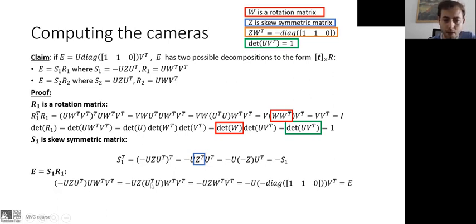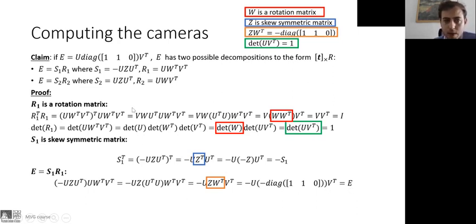Again, we get U transpose U, which is identity here, and then we are left with this expression. Now, as we talked before, ZW transpose is just minus diagonal of 1, 1, 0. So the minuses cancel, and we just get the essential matrix.